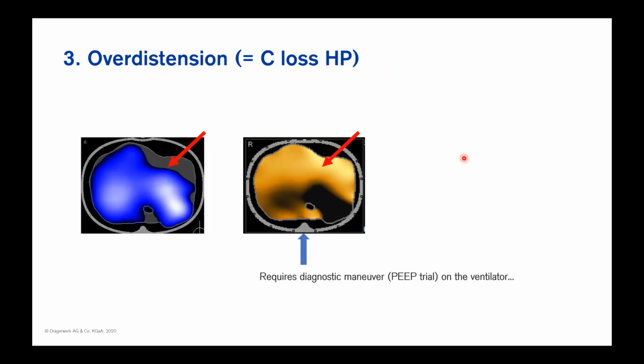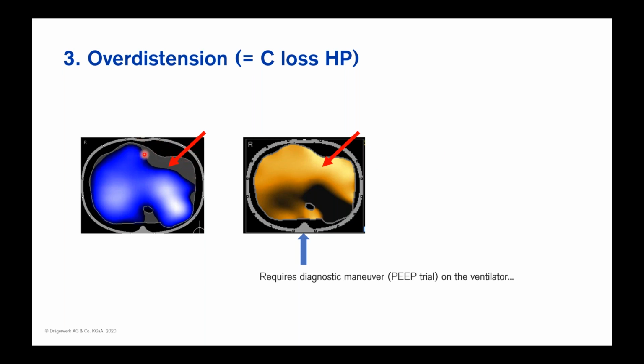The second condition that we can also take a look on actually requires a little diagnostic maneuver. It doesn't need to be necessarily a complete PEEP trial, but at least we have to compare two PEEP steps with each other. And in this example, where we can detect overdistension, this is a classical pattern when you had a ventilation distribution at a lower PEEP level, which was including the gray area.